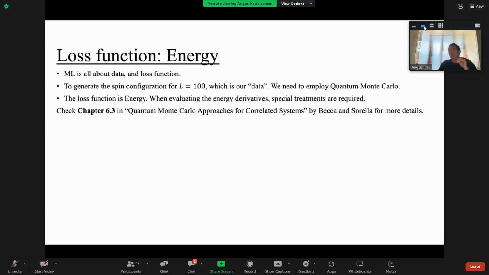All right, now we go into loss functions. The loss function obviously is our energy. ML is all about data and loss functions. The data is our spin configuration, which I think is the most difficult data to generate in a physics system, because if L goes to 100, there is no way you can store all the possible spin configurations.